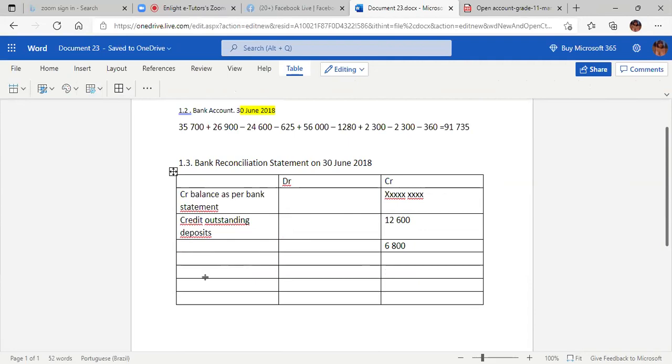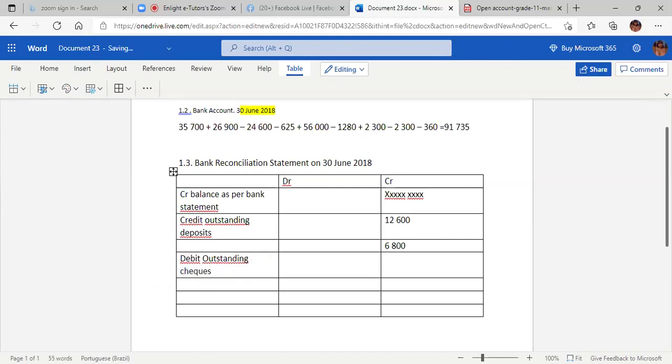Checks we debit on the bank statement because money is going out. We debit outstanding checks. Right, they're going to be on the debit side. How many checks do we have?